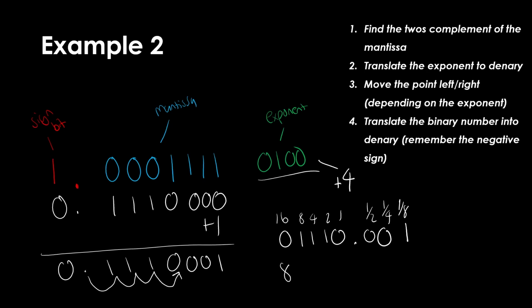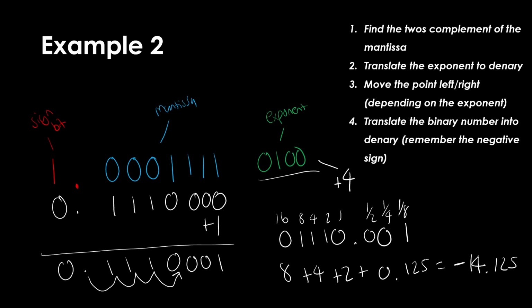So it'll be 8 plus 4 plus 2 plus 0.125. That will equal 14.125, and of course let's add the negative sign. There we go. So if you got that right, well done.